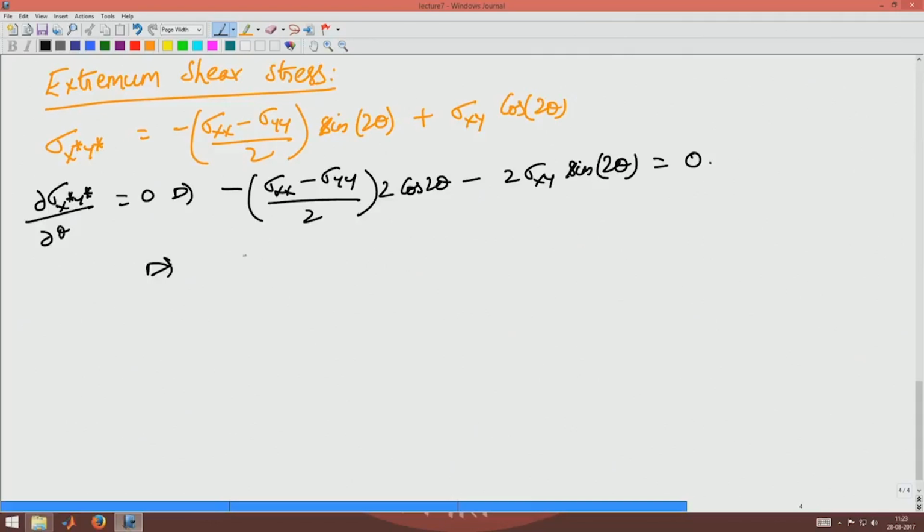This will tell me tan of 2 theta s is sigma xx minus sigma yy by 2 times sigma xy. Okay.